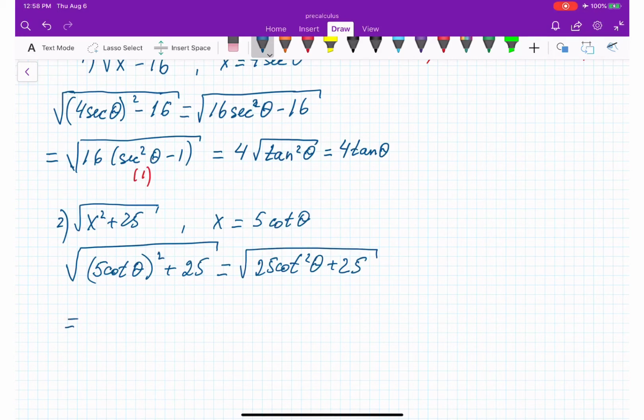From here we take 25 out. We get cotangent square theta plus 1.